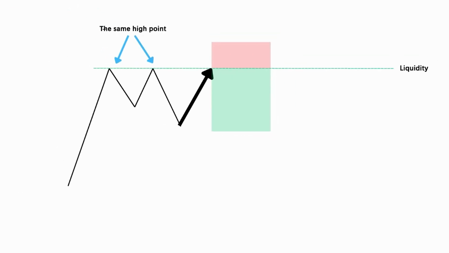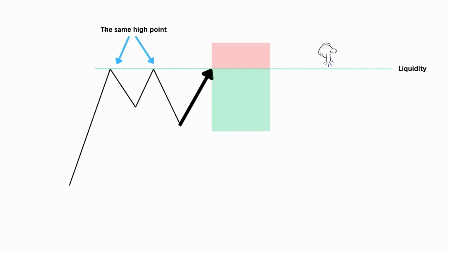Here we look at a liquidity diagram. Prices often capture the liquidity of both parties to accumulate more orders. If we can understand the principle well, it can help us make profits by following smart money. For example, the price formed a high here, so this resistance level is the price at which traders would want to intervene in short. Therefore, there will be a large number of stop loss orders above this resistance level.